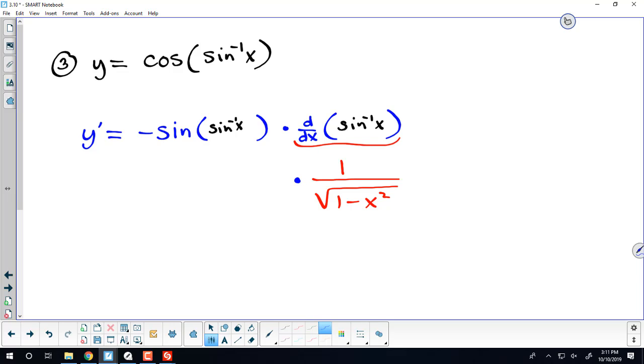What is the negative sine of the inverse sine of x? Negative x. So all of this we can simplify algebraically to negative x. So our derivative is simply negative x over this root.